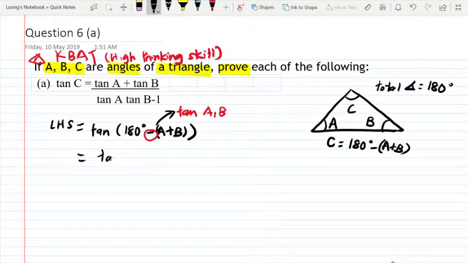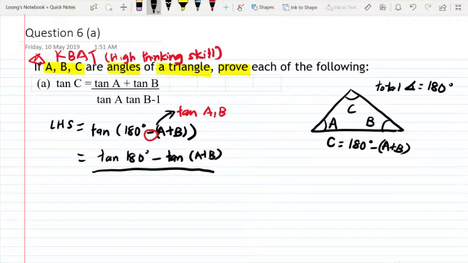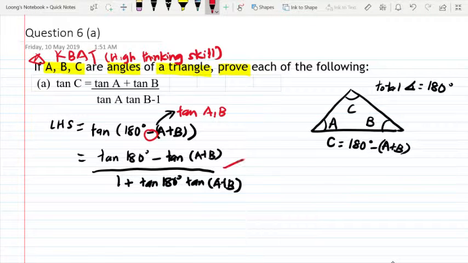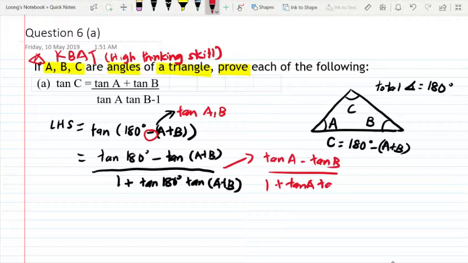So write tangent 180 minus tangent A plus B, divided by 1 plus tangent 180 tangent A plus B. And this is the formula of tangent A minus tangent B divided by 1 plus tangent A tangent B.